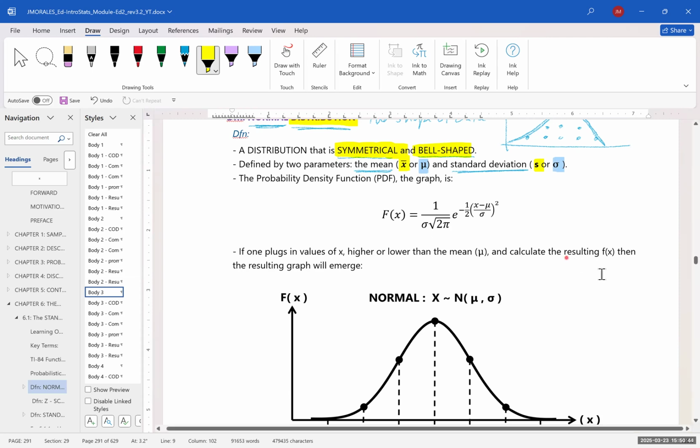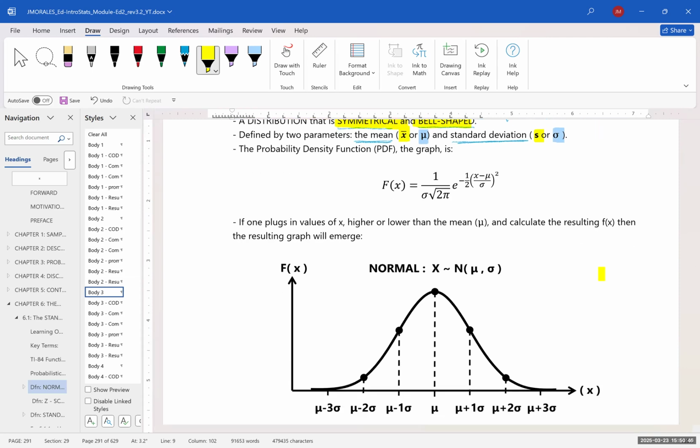You can see here this curve that starts low on the edges, rises to a maximum, comes down the other side, and flattens out on the opposite side. This is what we refer to as being bell-shaped, or shaped like a bell.